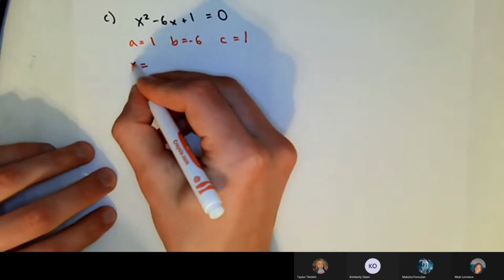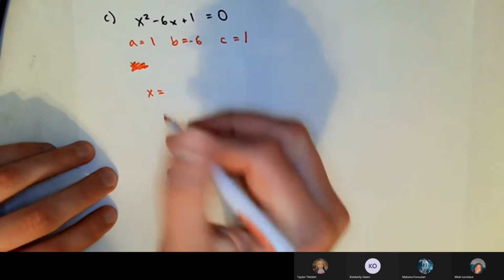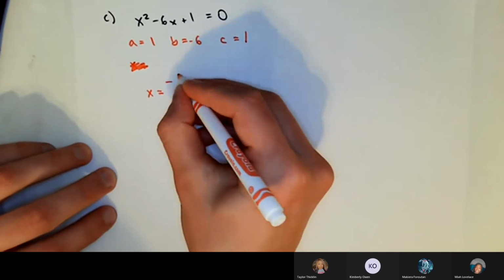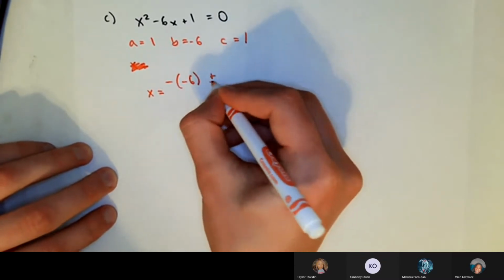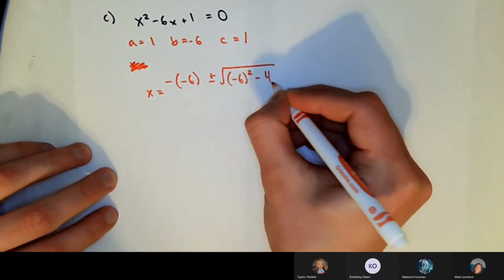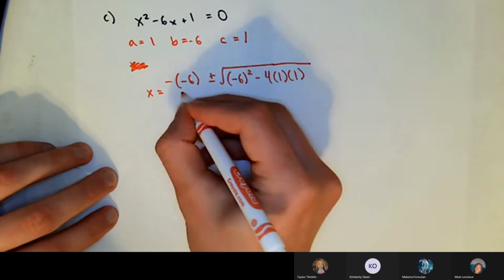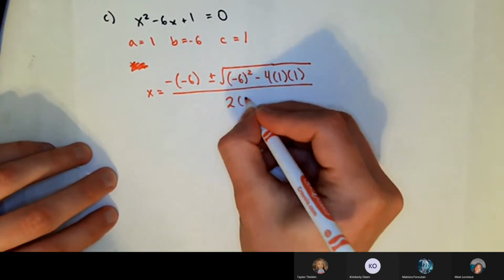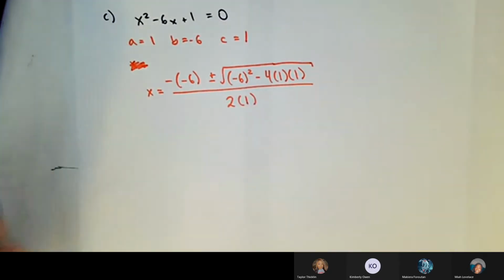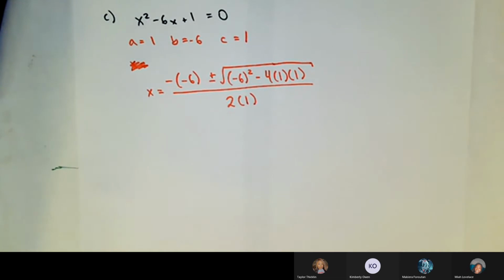So let me bring this down a little bit. Okay, so x equals negative b plus or minus square root of b squared minus 4 times a times c all over 2 times a. You notice how with the negative b, b is negative 6, so I just wrapped it in parentheses and put the negative on the outside.